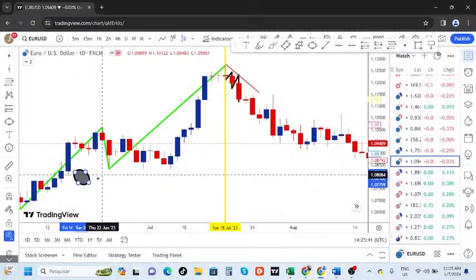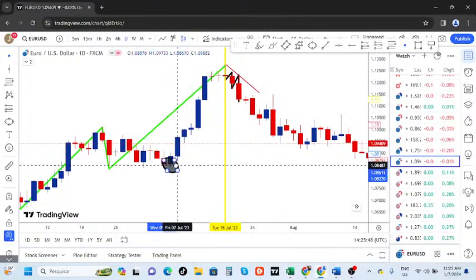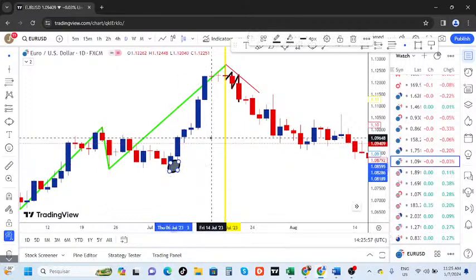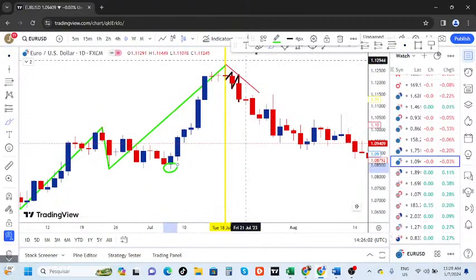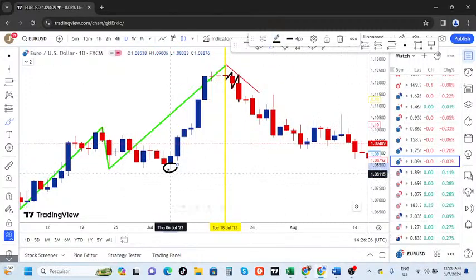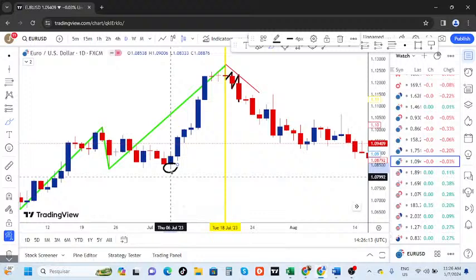I think it's this one. Yes, this low needs to be taken out because this is a low. When I talked about what is a high, this is a center candle that has 2 candles on the left and 2 candles on the right. So this candle here is a low.